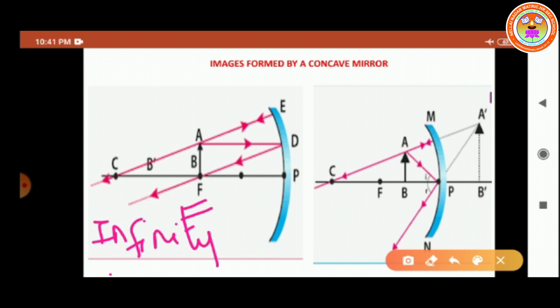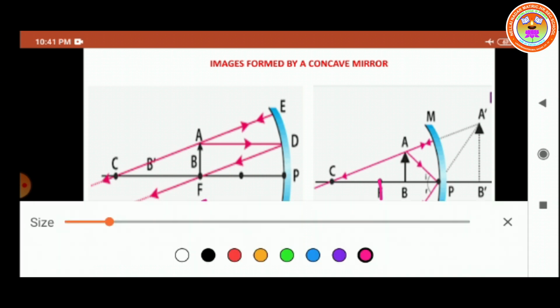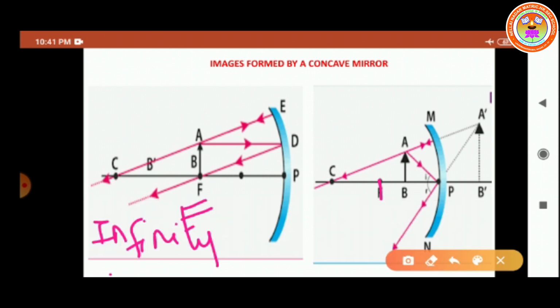So next we move on to one more type. The position of an object between the principal focus and the pole of the mirror. So this is taken as the principal focus and this is taken as the pole of the mirror. In between only we have to keep the object. So the object AB is taken as an object. It's in between the principal focus and the pole of the mirror. Where will the image be formed? The image will be formed behind the mirror only.